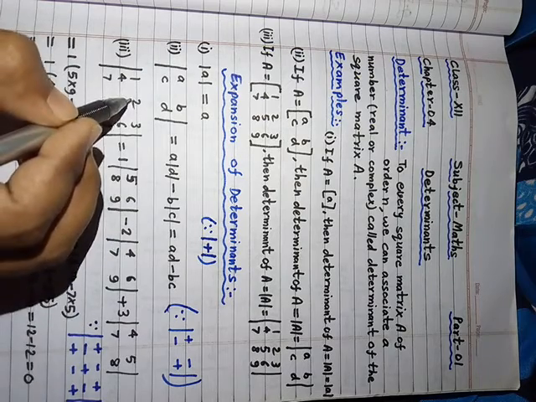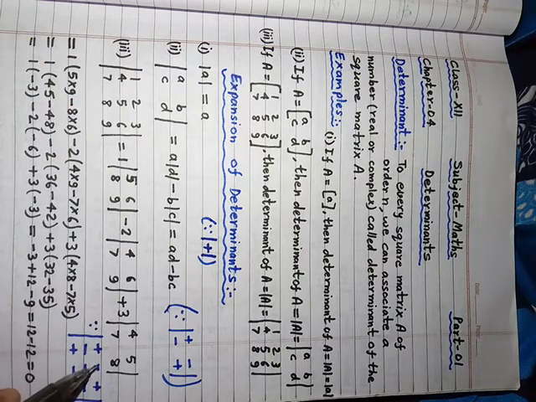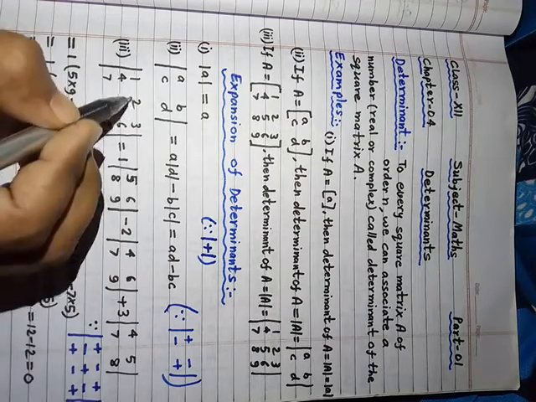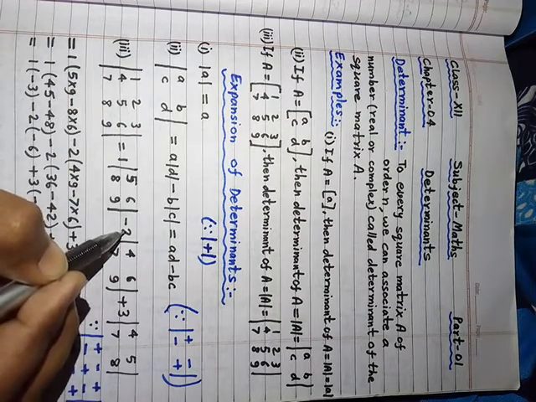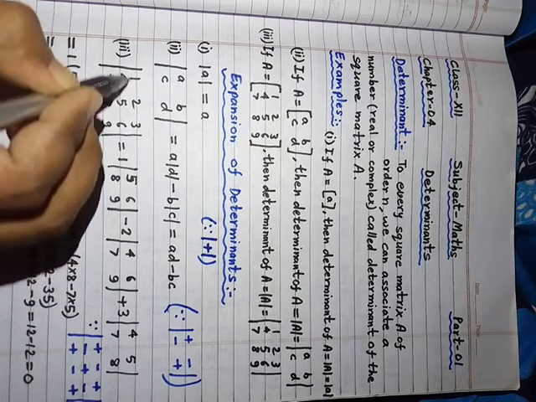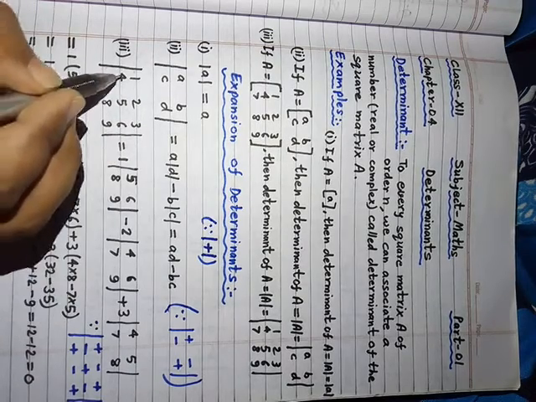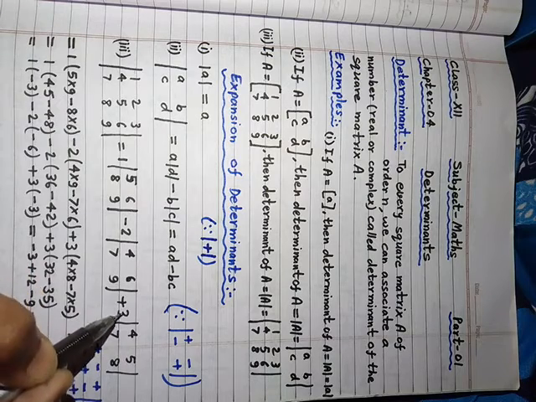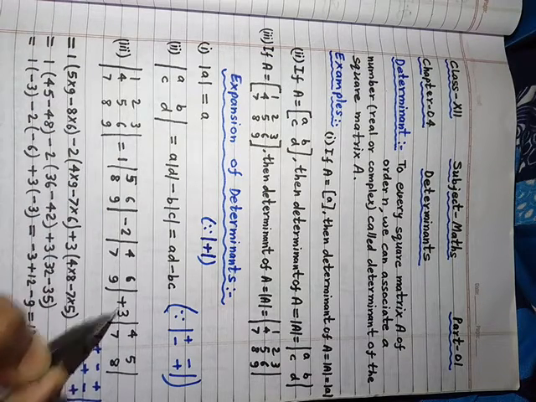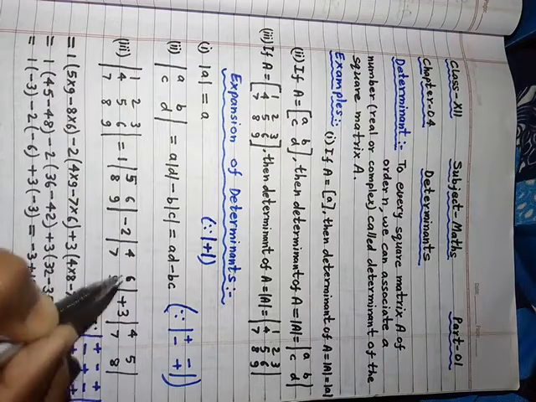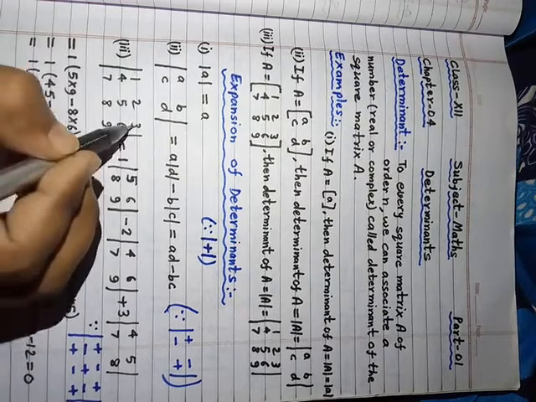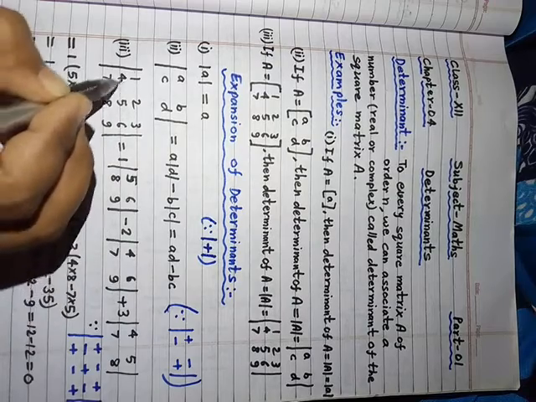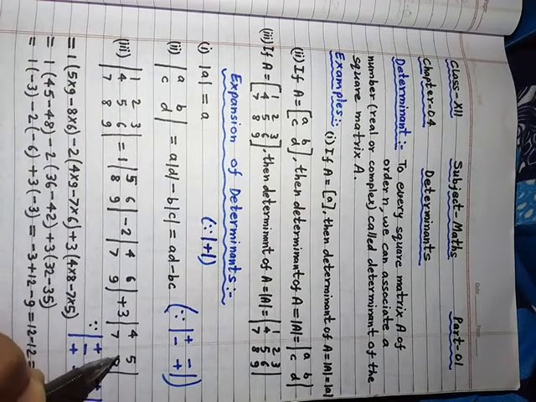Minus 2, because here the sign is minus, so minus 2 into, then this column and this row is covered, so 4, 6, 7, 9 is here. And finally plus 3, because this sign is plus, and you cover this row and this column, then 4, 5, 7, 8 is remaining.